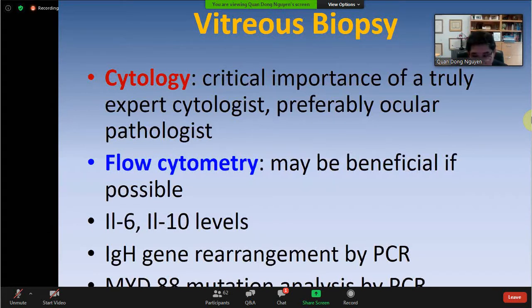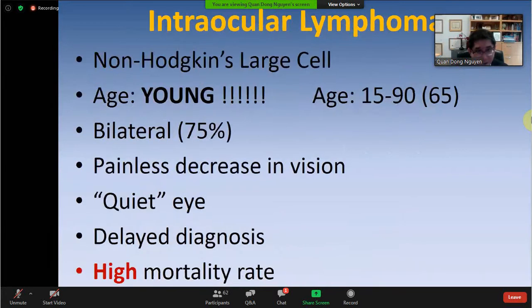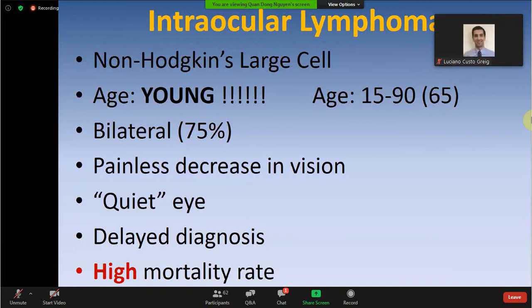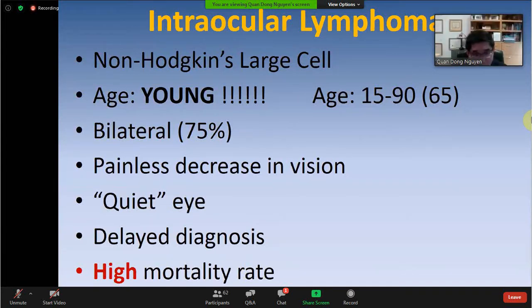But we have to be very, very careful about this, because the age range is very broad. The age reported in the literature has gone anywhere between 15 to 90, with a mean age of about 65.